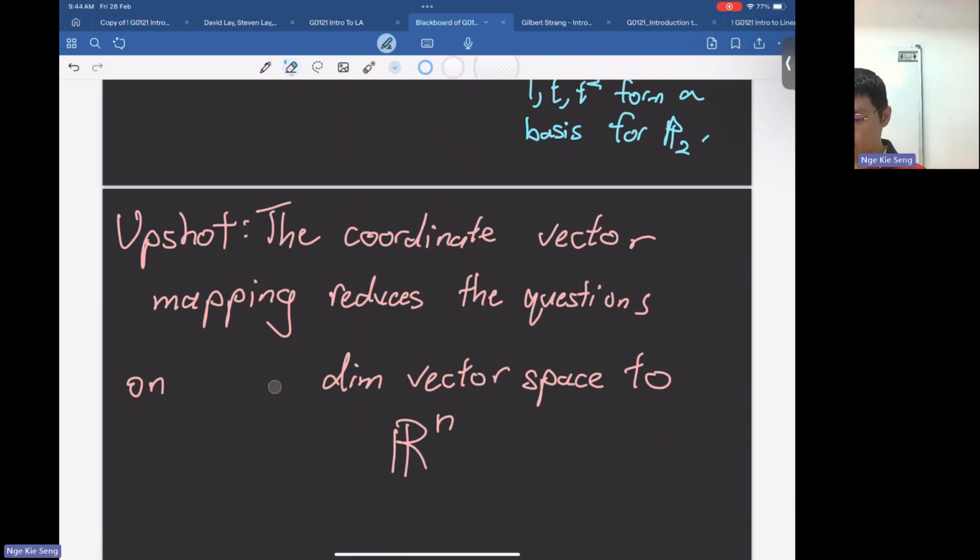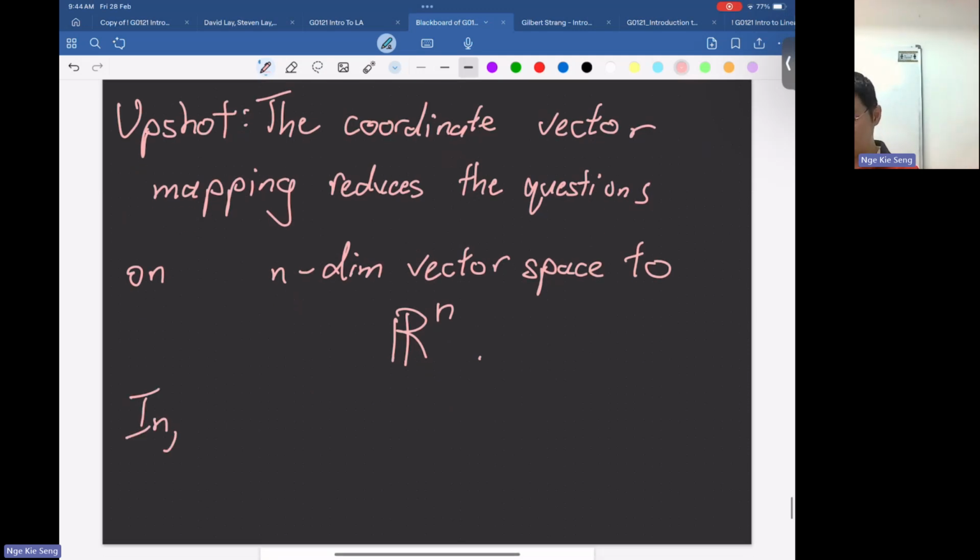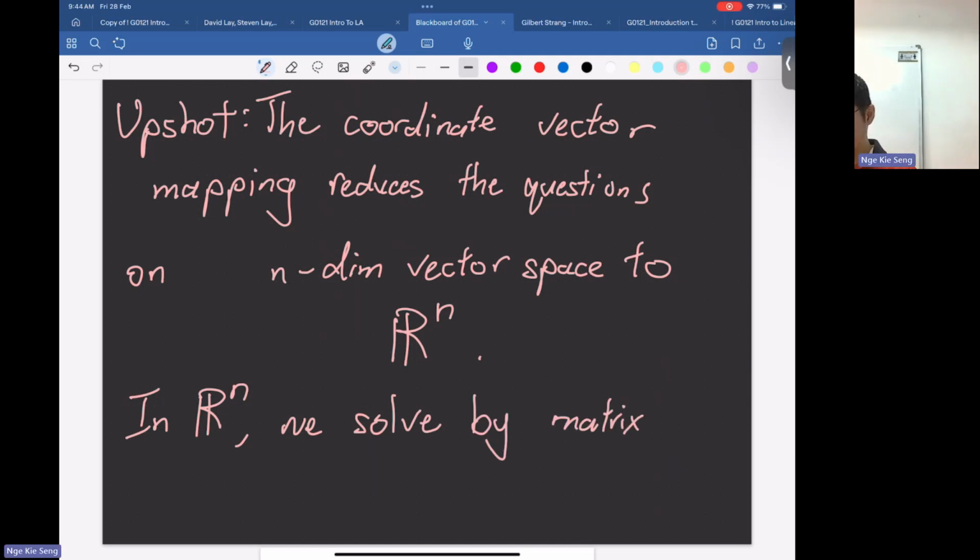Let's say an n-dimensional vector space. And in Rn, we solve by matrix method.